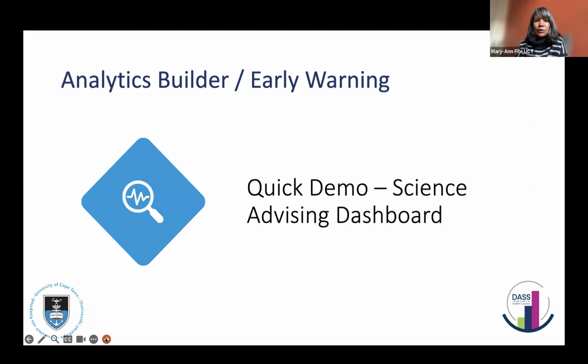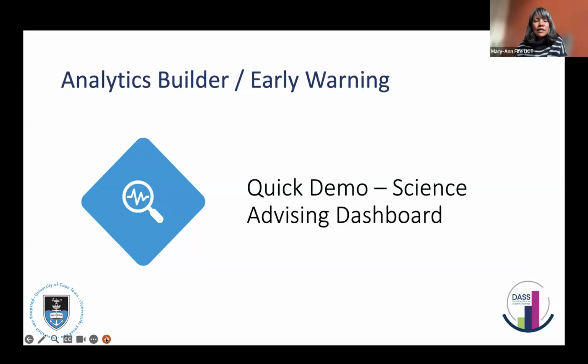So I want to go into showing you the dashboard, but just very quickly, for context, there was a system in place before we built this 2.0 version of an early warning system.